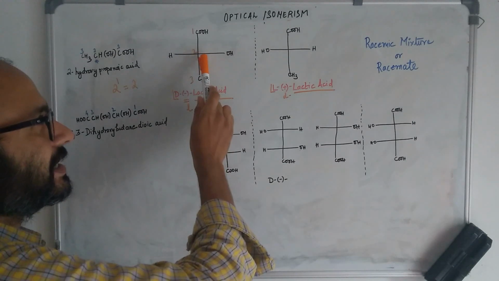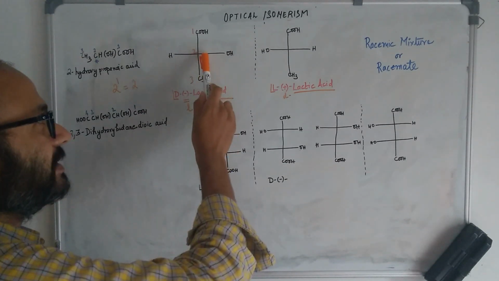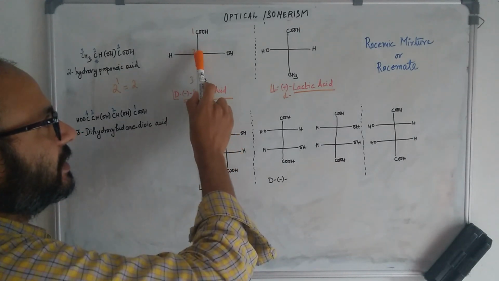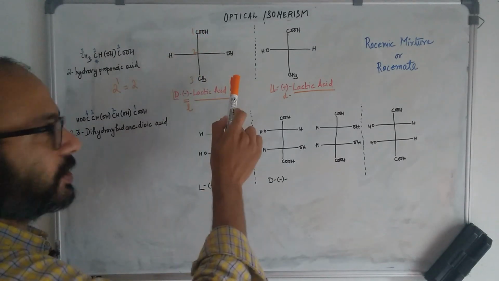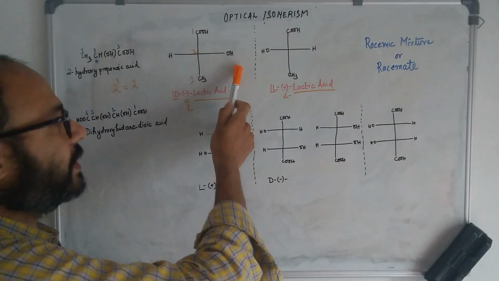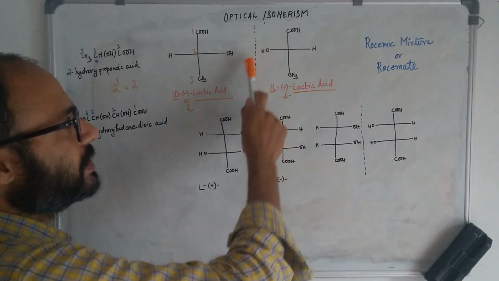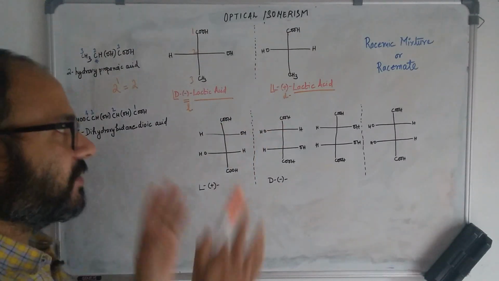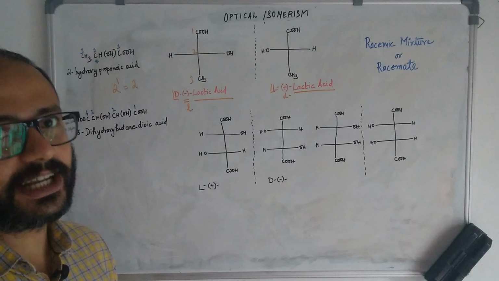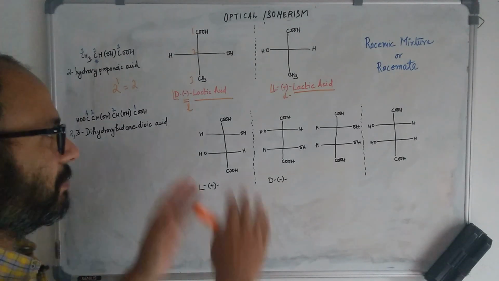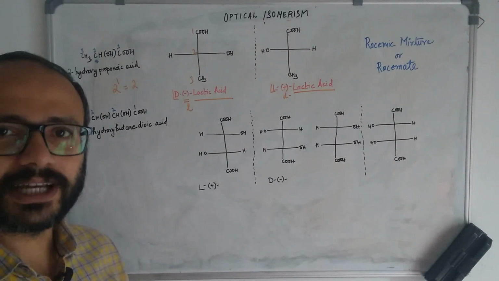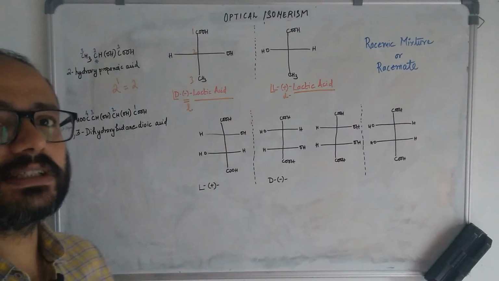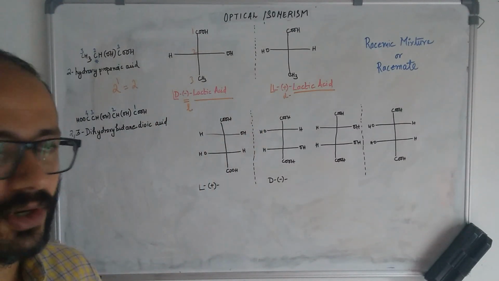The penultimate stereo center, that is the one that is just prior to the ultimate carbon, if you write it in a Fischer projection, if OH is coming on the right side, then we call it a capital D, and if OH is coming on the left side, they are represented by a letter L. These are ways of configuring the stereo centers, which we learn in advanced stereochemistry. But since you will find this in some textbooks, I'll just mention what they mean. You don't have to worry about it. We will come across these terms when we study the biomolecules, where we talk about carbohydrates.